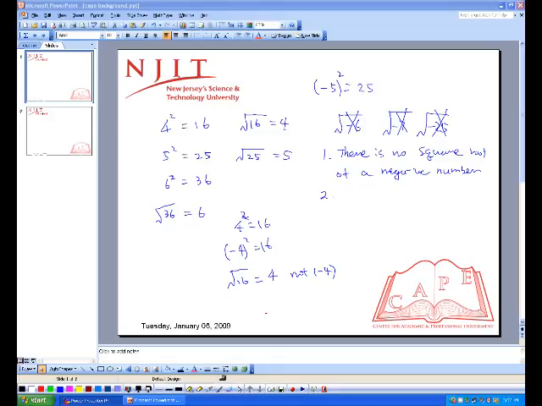Well, that's because mathematicians defined the square root of x squared always to be the absolute value of x. So that means they always pick the positive one. Okay?